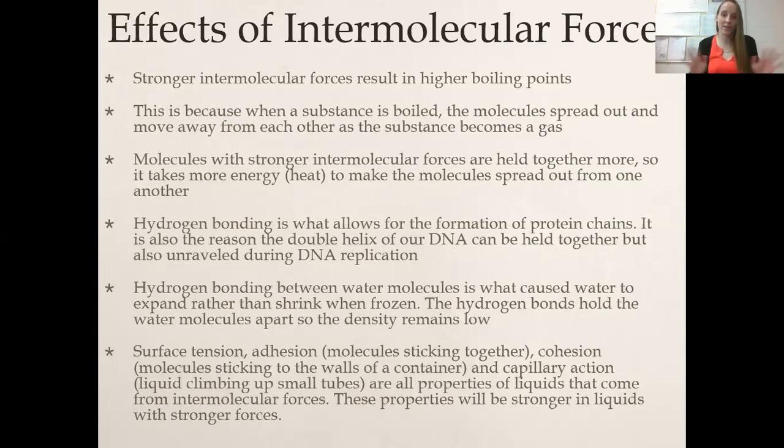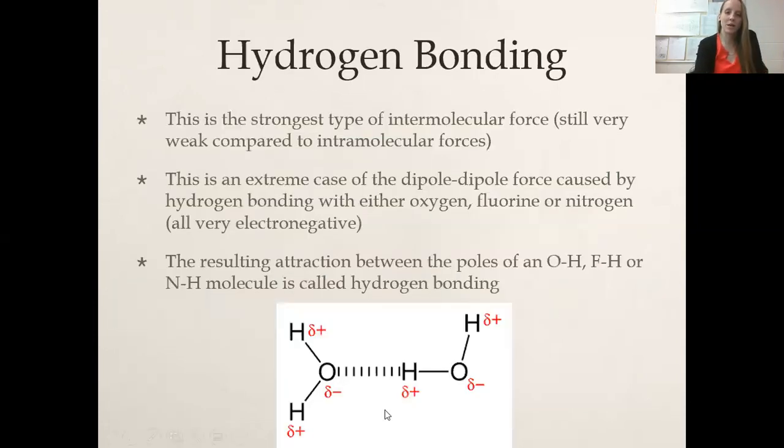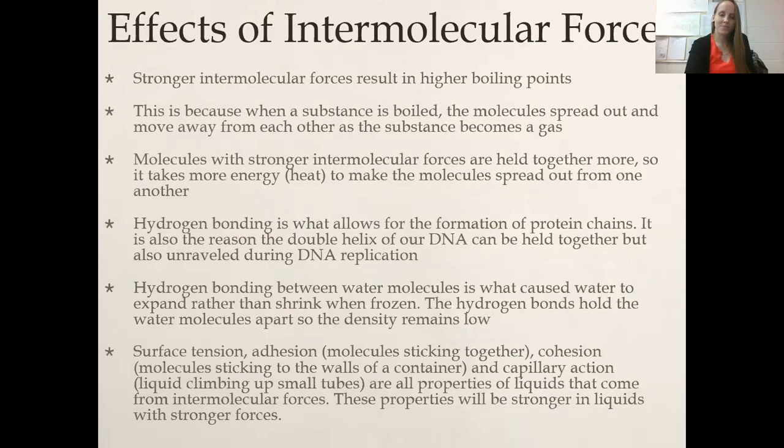You don't break the covalent bonds when you boil a covalent substance. So like when you boil water, for instance, if I go back to this example, when I boil water, I break this intermolecular bond, this hydrogen bond. I don't touch these covalent bonds when I'm boiling water. And that's true for all covalent substances.